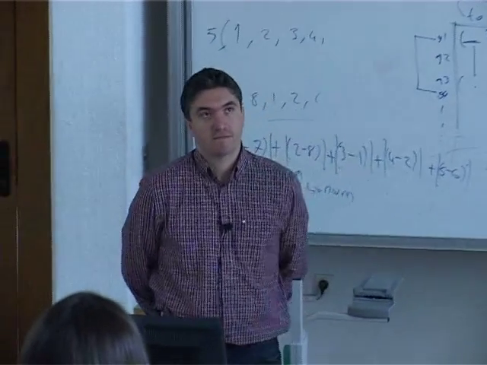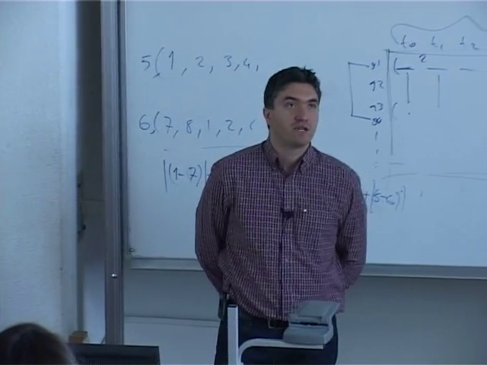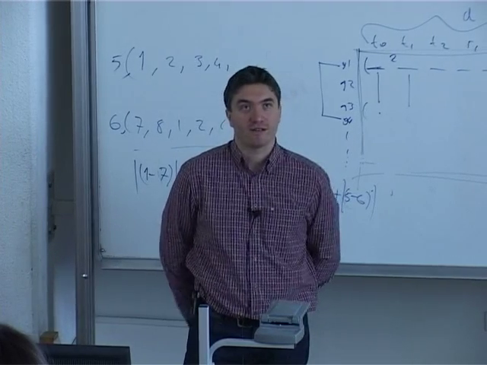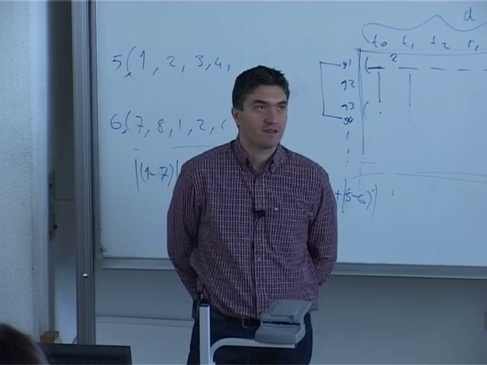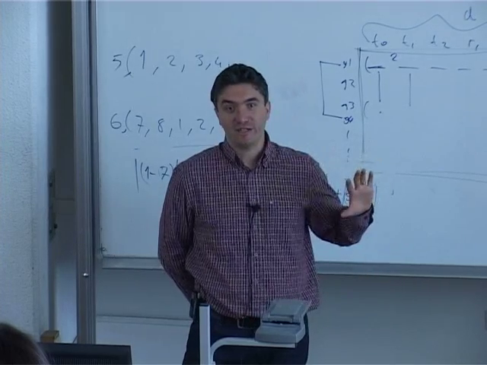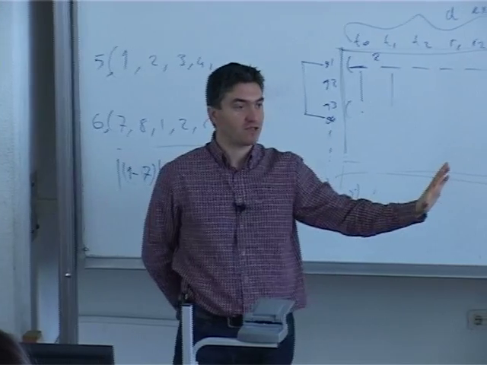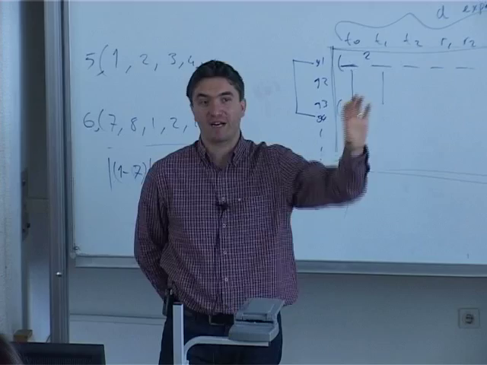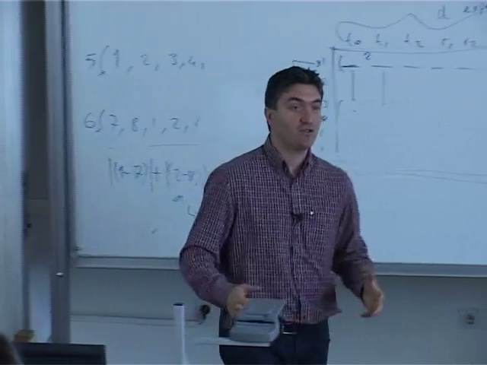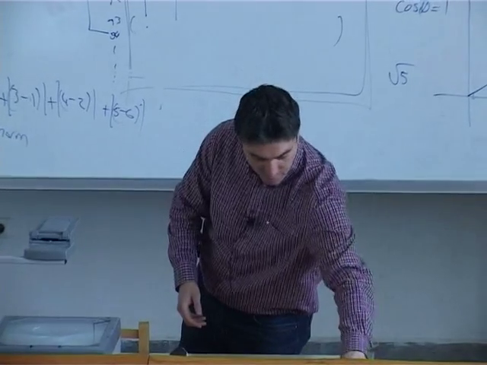But is it the best way to do this grouping? It's a greedy heuristic, but can it give us a good clustering is a question. First of all, how do we evaluate clusters? If somebody gives you a grouping and says, these are the groups I found for these 25,000 genes, and somebody else gives you another grouping, let me try to write it on the board.